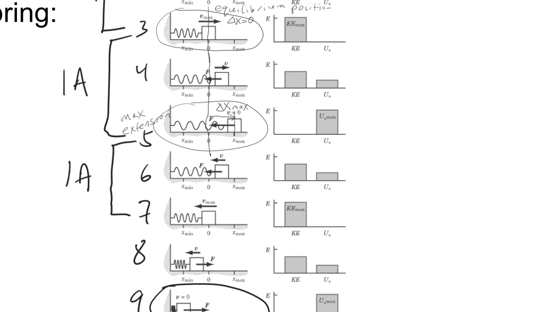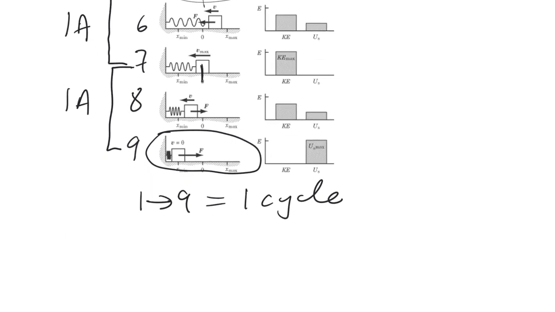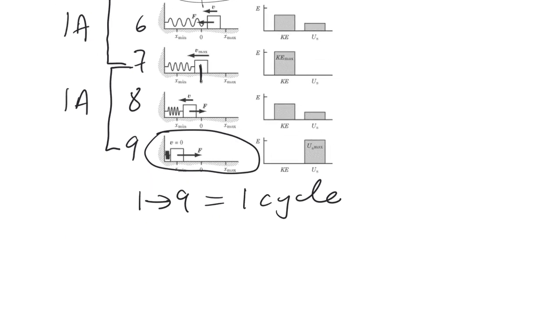And going from the equilibrium position back to the squash position is another amplitude. So the block is vibrating 4 amplitudes in its simple harmonic motion in one cycle.